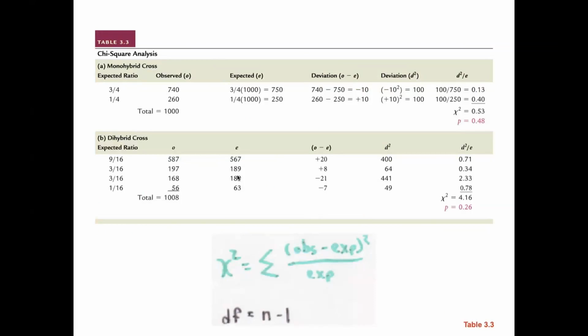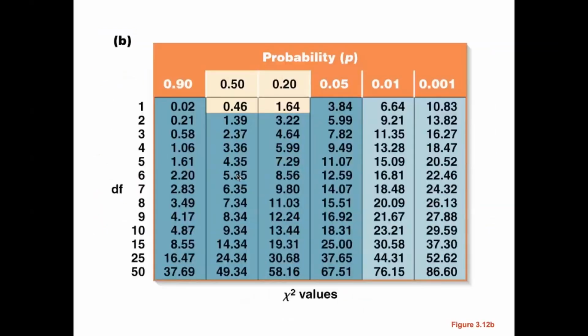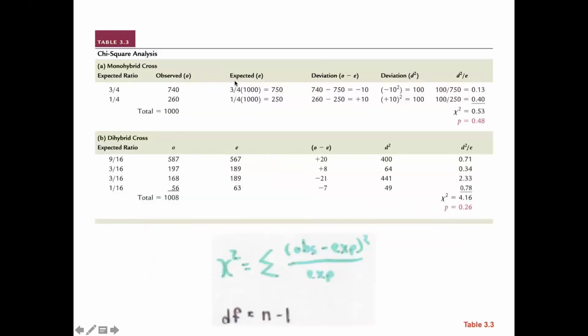So in other words, this data does support, even though it's not exactly a 3-to-1, a single gene model with dominant recessive alleles. This data, again, supports a genetic model of 2 genes controlling the 2 traits, dominant recessive alleles, and independent assortment.